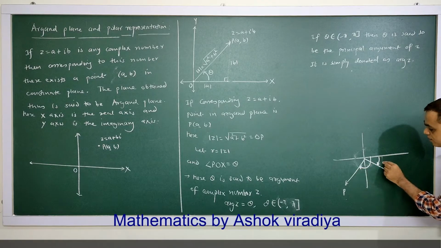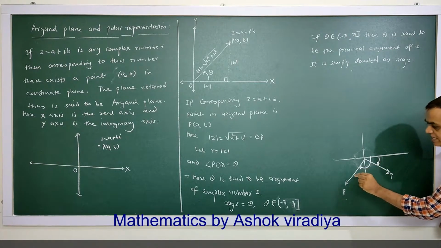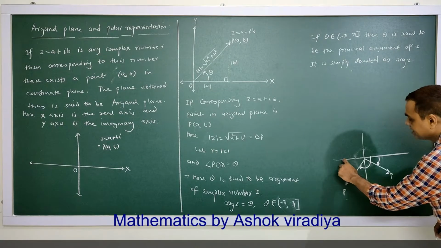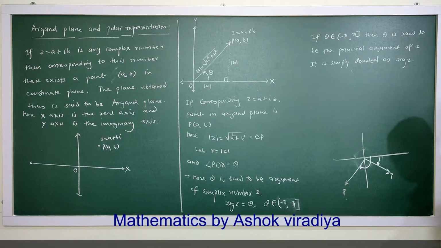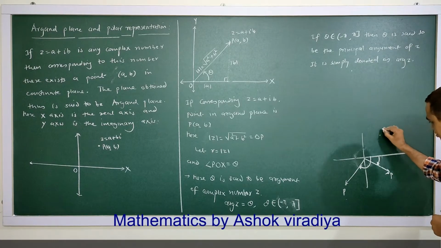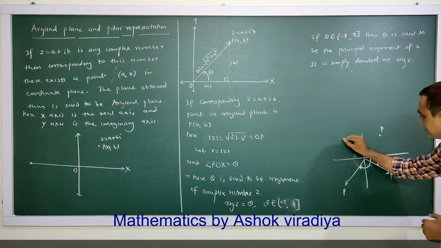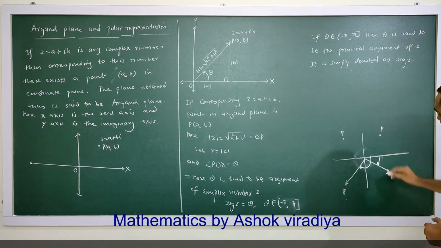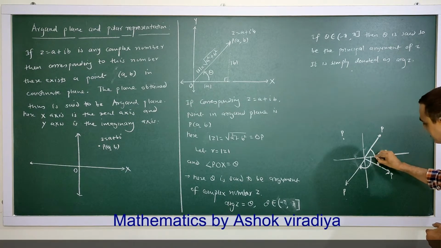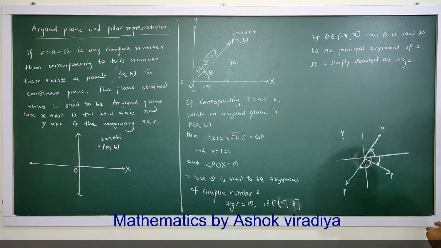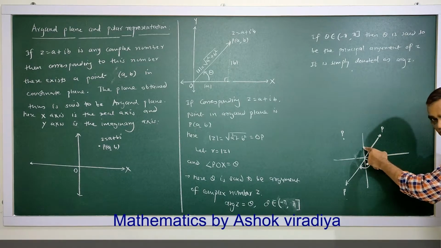So these values of theta will be included in minus pi to 0. And if a point is in the first quadrant or in the second quadrant, then theta will be measured in the anti-clockwise direction, so 0 to pi.